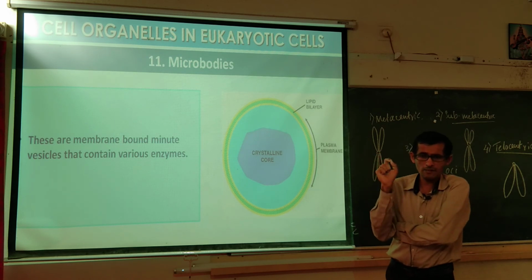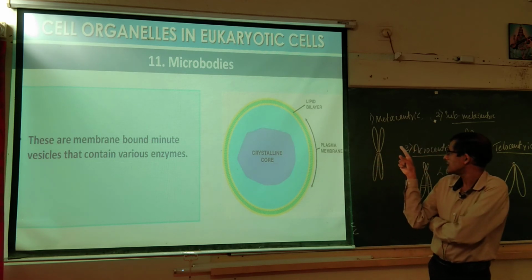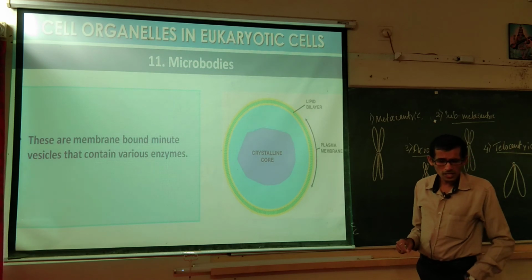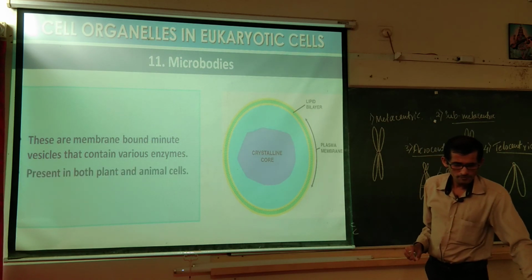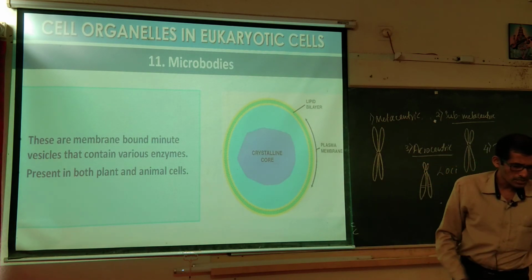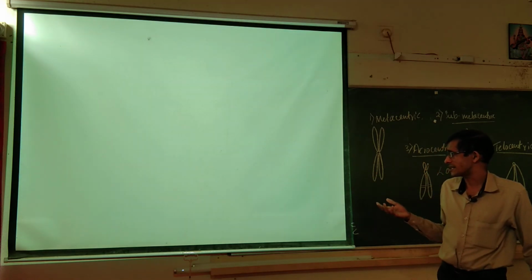Different types of enzymes are present. A crystalline core is present with the lipid bilayer, that is the plasma membrane. Inside that we can observe the enzymes. Present in both plant and animal cells.